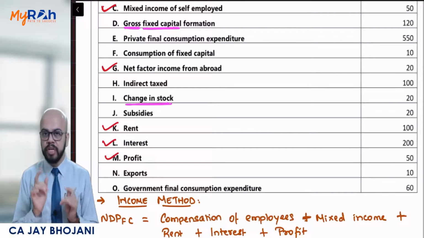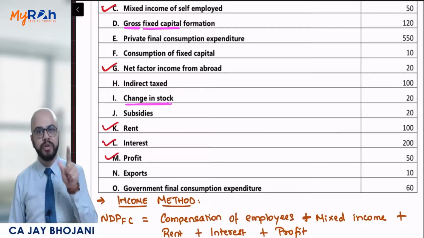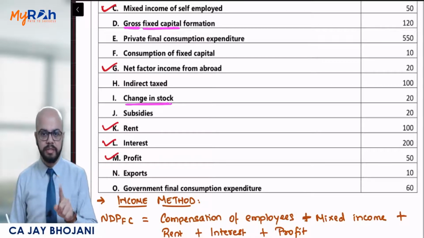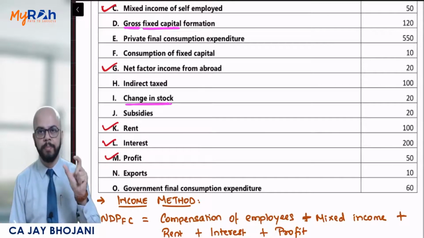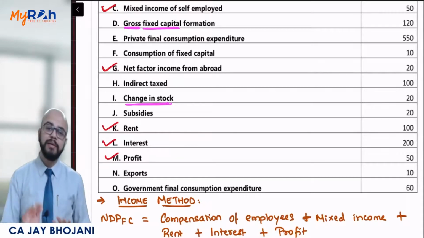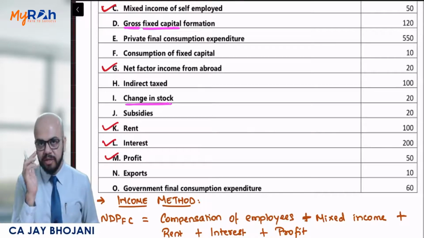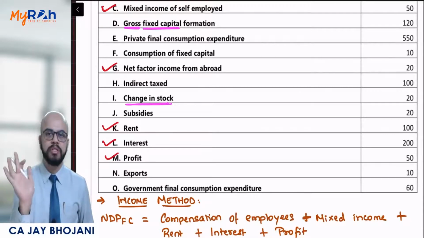You will have to read and interpret everything properly. So here change in stock is relevant, don't forget. You will have to add it because what is given to you is only the fixed capital component. The inventory component is yet to be added. Had they written GDCF, it would have been inclusive of change in stock. So nothing to worry.